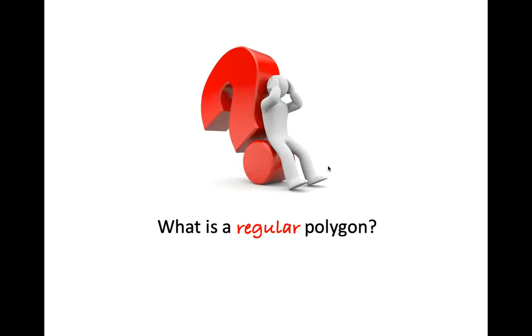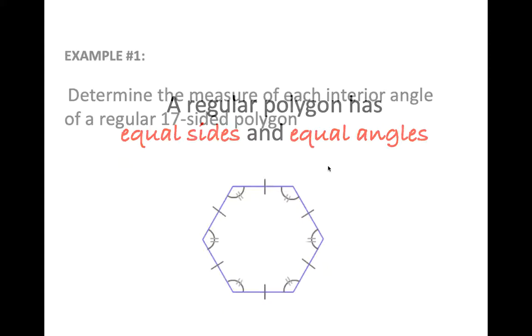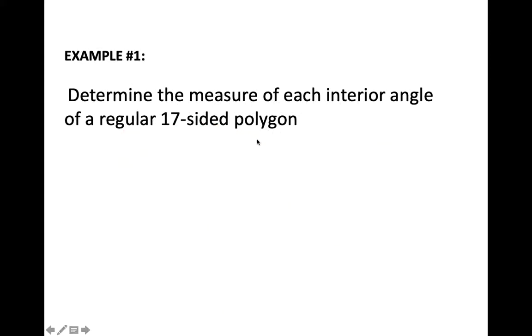Now, before we do our first question, I just wanted to make sure that you remembered what a regular polygon is. A regular polygon has equal sides and equal angles throughout. It's completely uniform. So determine the measure of each interior angle of a regular 17-sided polygon. Now, before we can find out what each one actually is, we need to know what the sum is.